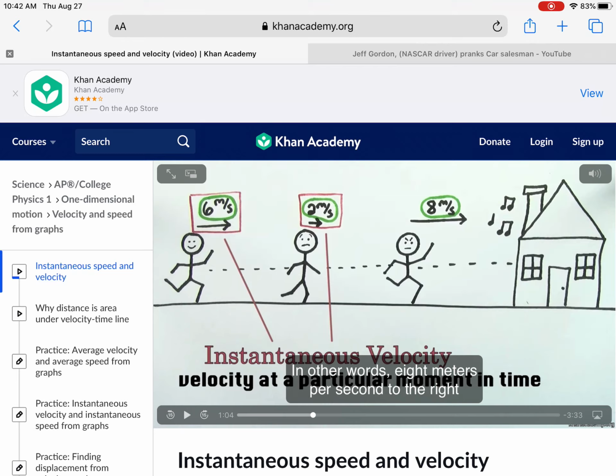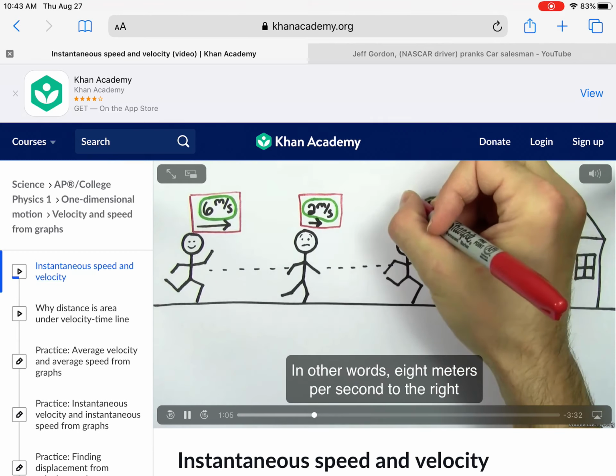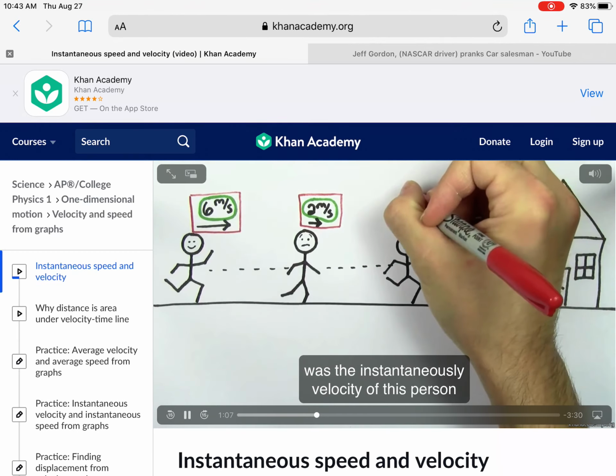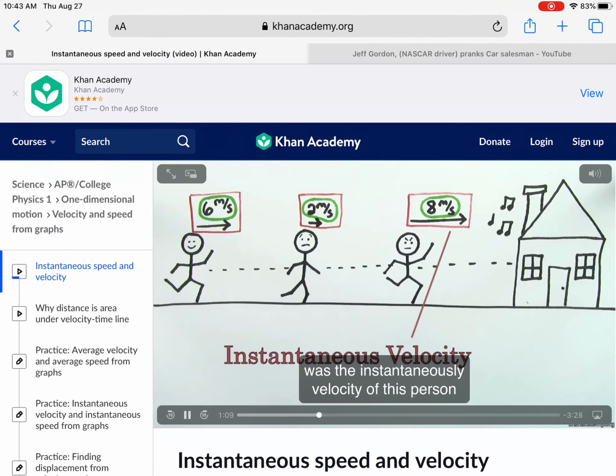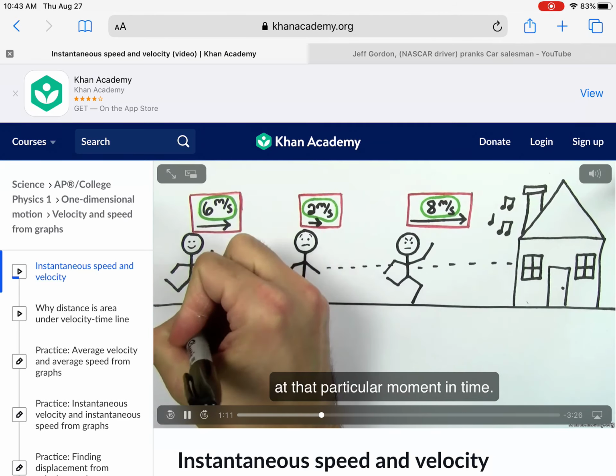And in physics, we prefer velocity because it has direction. Direction could be shown with an arrow. Usually, though, it's with a positive or a negative, and that's how we designate it in physics. 8 meters per second to the right was the instantaneous velocity of this person at that particular moment in time.